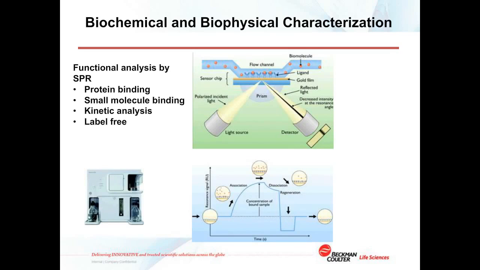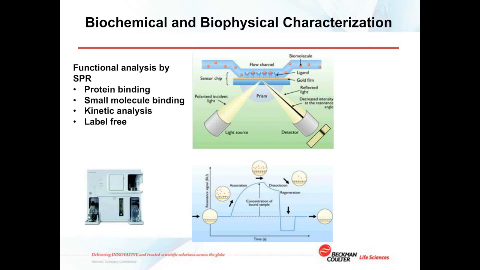And so the first protein is typically immobilized, and then a second protein, small molecule, or peptide is flown through a microfluidic chamber. And as more mass binds to the surface, it creates a change in signal that can be measured by the detector.